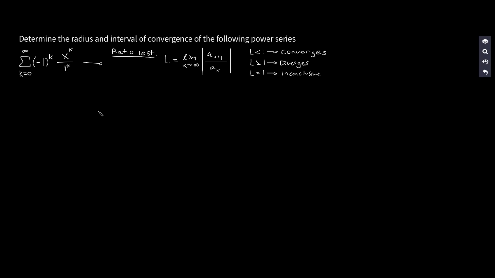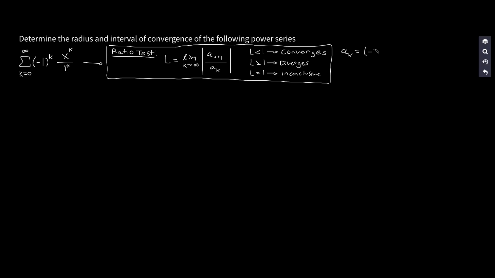So then we want to know, so for ours, should I box this? I'll box it. So for us, a sub k is, I think it's -1 raised to the power of k times x raised to the power of k over 4 raised to the power of k.